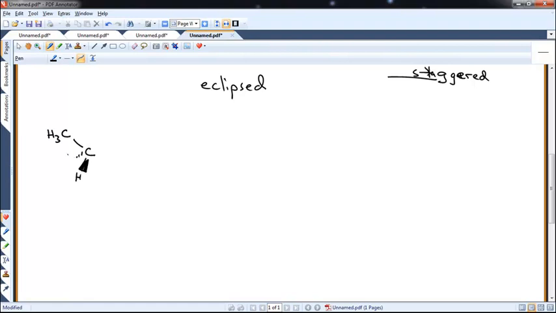So what I'm going to do is draw butane, and I'm going to draw it as the eclipsed first. And what I want you guys to do is pause the video and draw the Newman projection for butane right now. Okay. Hopefully you got this.